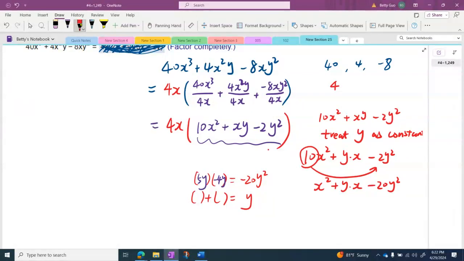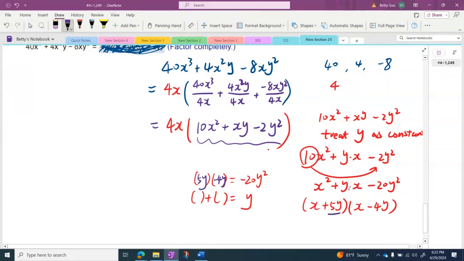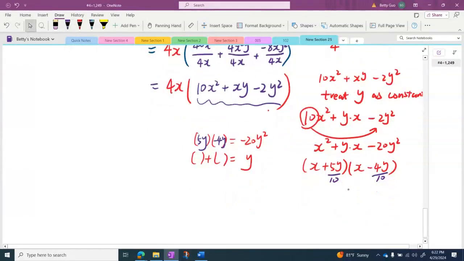So this is going to be x plus 5y times x minus 4y. And then divide by the original leading coefficient 10, and then simplify. We have y over 2.